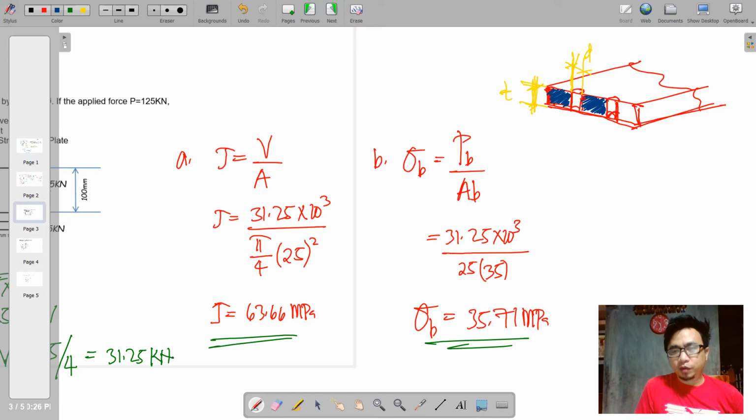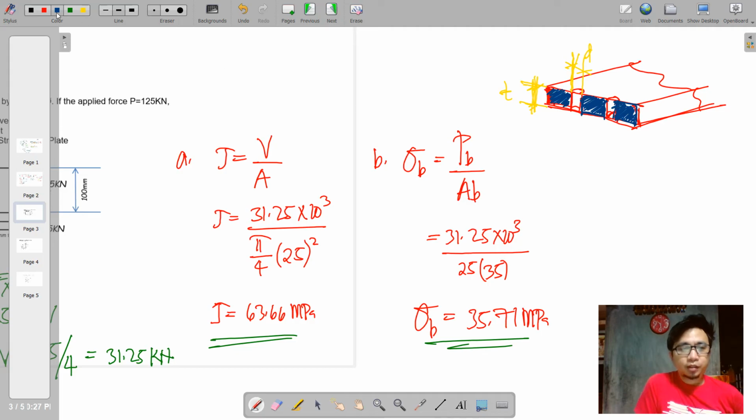So if we have a tensile type of force, we should account for the space that is taken by the hole. Okay, but if your force is compression, though we have a hole here, it does not matter. So we're going to neglect that one. Okay, so I hope that is clear.